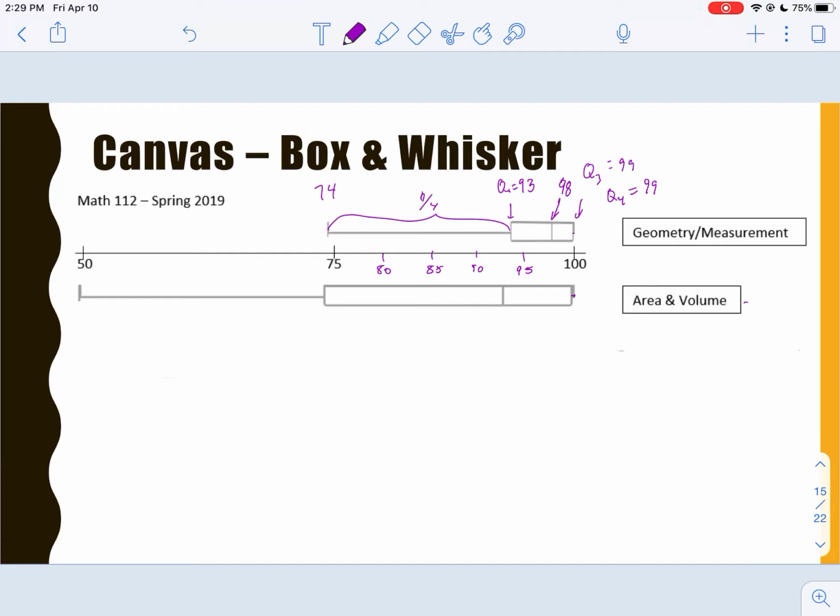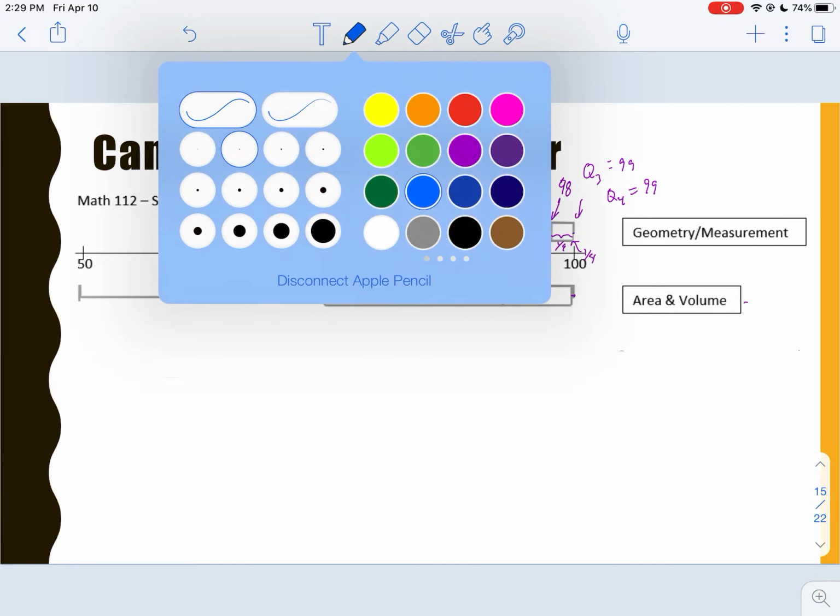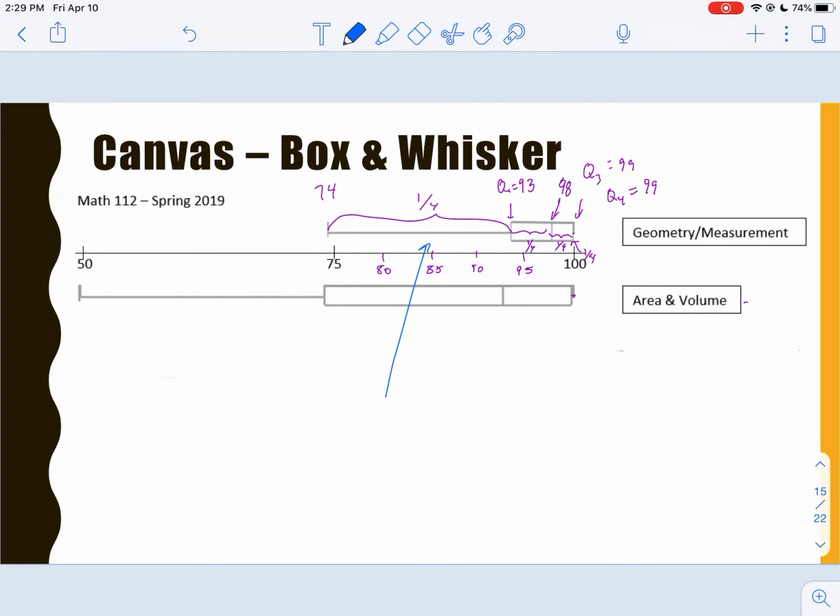Because these are quartiles, that means a quarter of the people are in here, a quarter of the people are in here, a quarter of the people are in here, and a quarter of the people are in this little line right here. So there's not more people here. There's the same amount of people here as there is in the other parts. It just is more spread out.